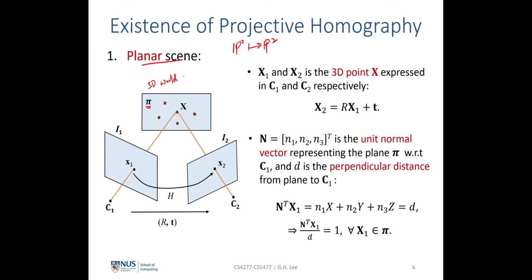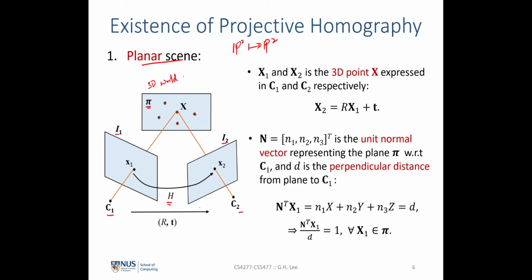And what it means is that when all these points lie on the plane pi over here, the projection into two different views of camera 1 and camera 2 will form image 1 and image 2 over here, where x1 and x2 here are the correspondences, or reprojections, of the 3D point X into image 1 and image 2 here. There will exist a homography, which we denote as H, that directly links these two corresponding points over here.